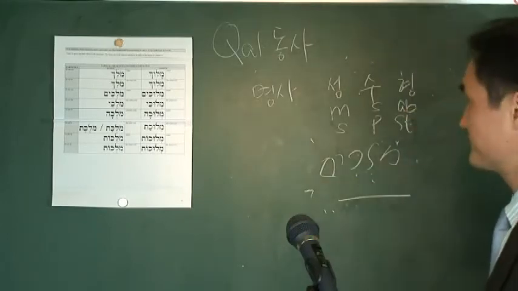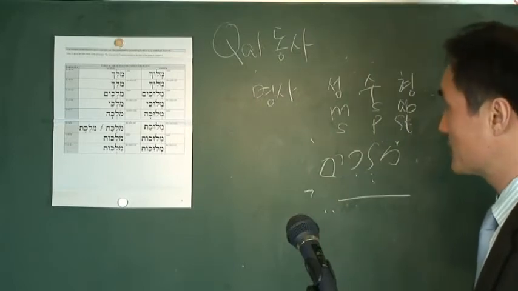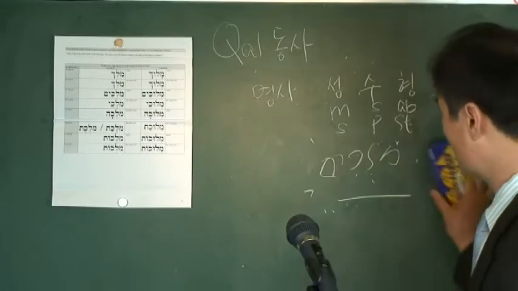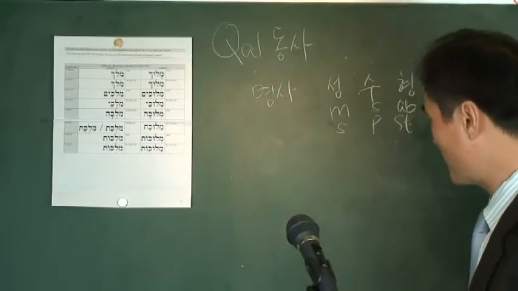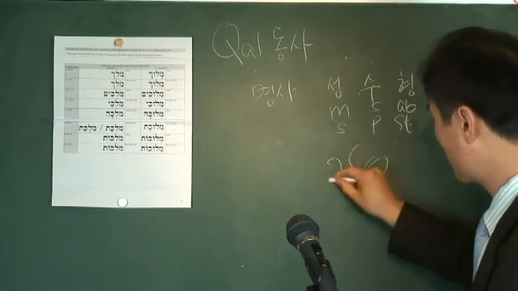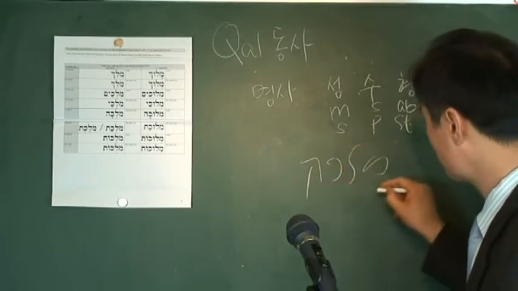The feminine singular would have the ending a. The feminine singular construct would have the ending at.